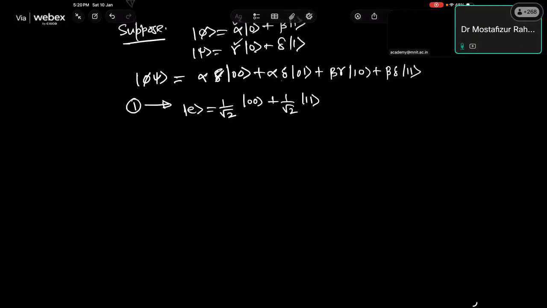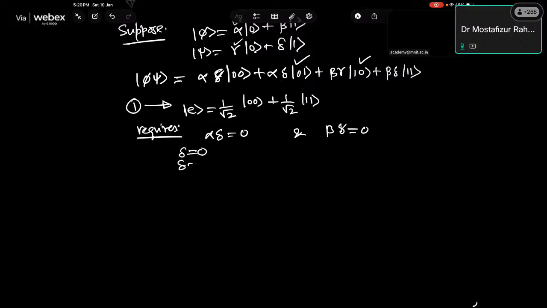So that means we have a missing of this particular basis and this particular basis. That means alpha delta equals 0 and beta gamma equals 0. So the product of two quantities is 0: alpha delta. So individually either alpha equals 0, delta non-zero, or both are 0. Similarly for beta and gamma, right? So either alpha equals 0 or delta equals 0, or beta equals 0 or gamma equals 0.